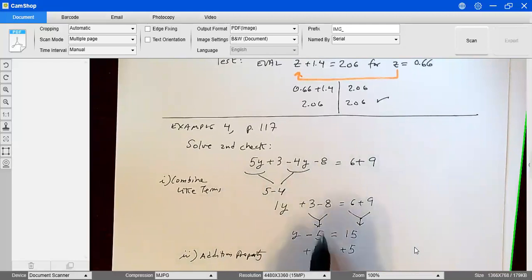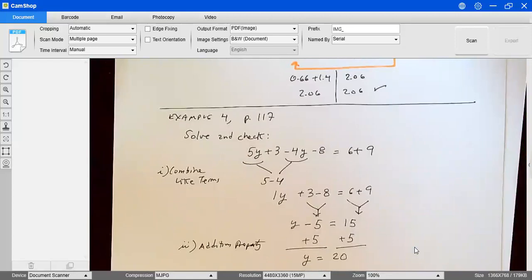Why? Because I want to remove this negative 5. So I need to add the opposite. Since I have negative 5 here, I need to add positive 5. By doing that, these two constant terms cancel each other. So I end up with y equals 15 plus 5, which is 20. So this is the solution.